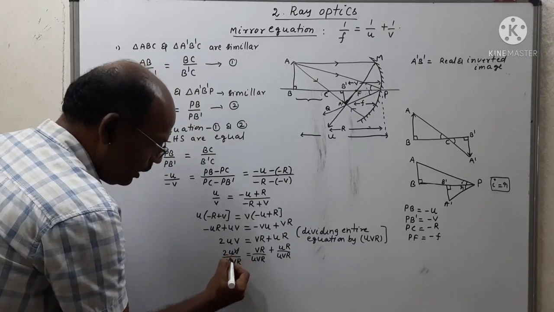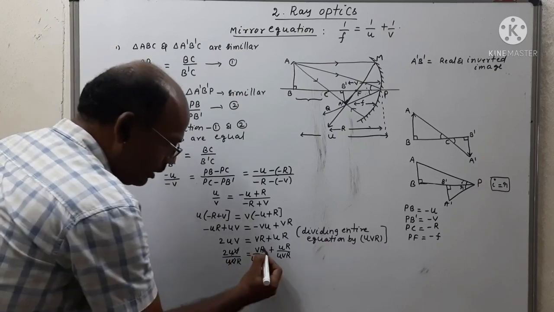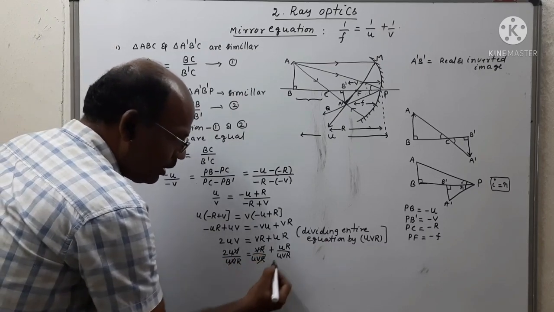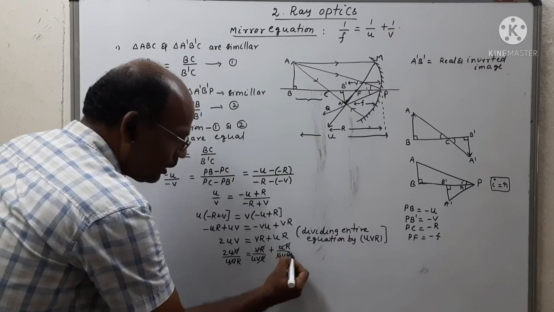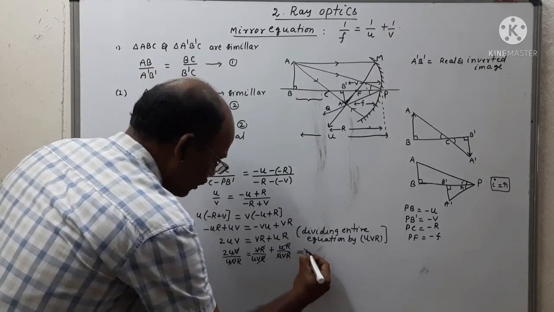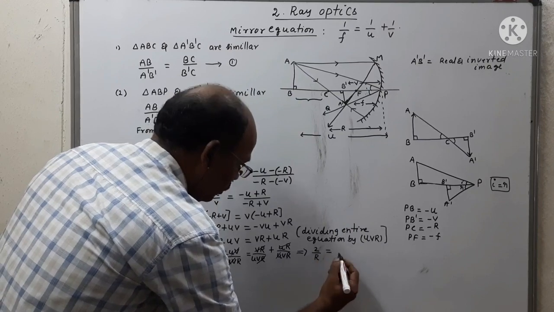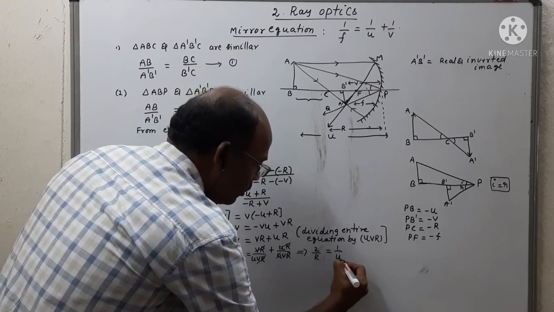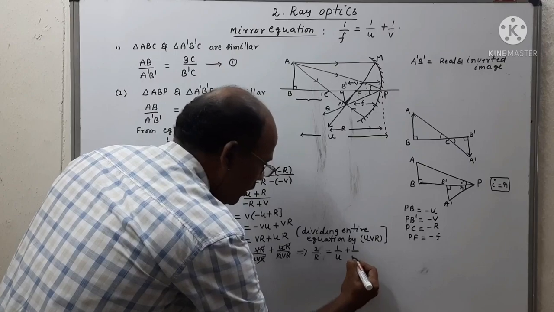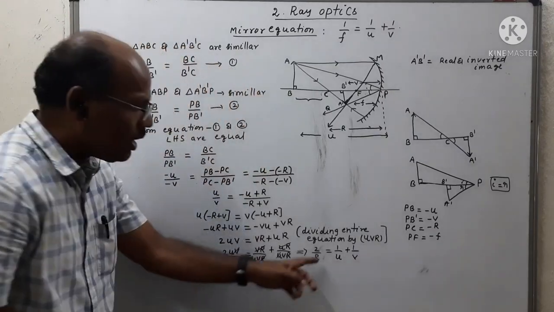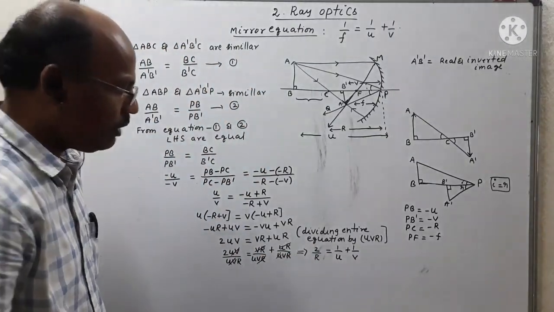So cancel UV, numerator and denominator, cancel VR and cancel UR. Finally we get 2 by R is equal to 1 by U plus 1 by V.